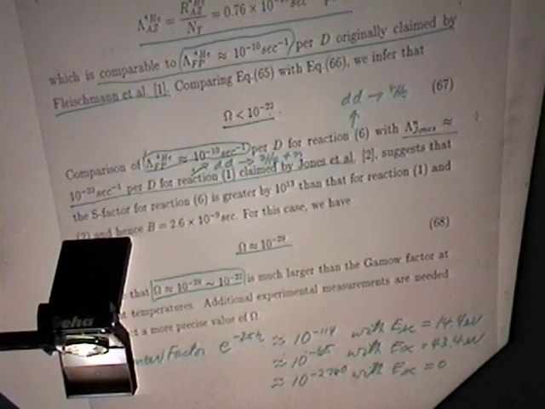Now, if I take all the data, one interesting thing is that this number, the Arata-Zhang number, is comparable to Fleischmann-Pons' original number, 10 to the minus 8. Of course, this is different by a factor of 5 plus or minus, but it's important that it is very similar.